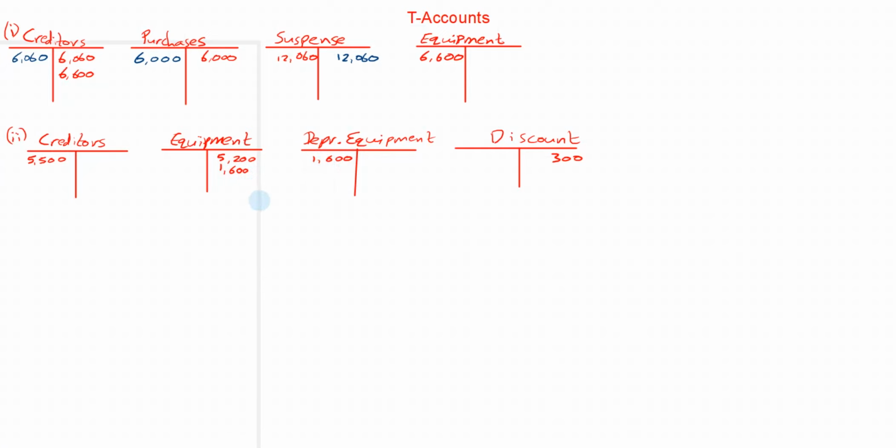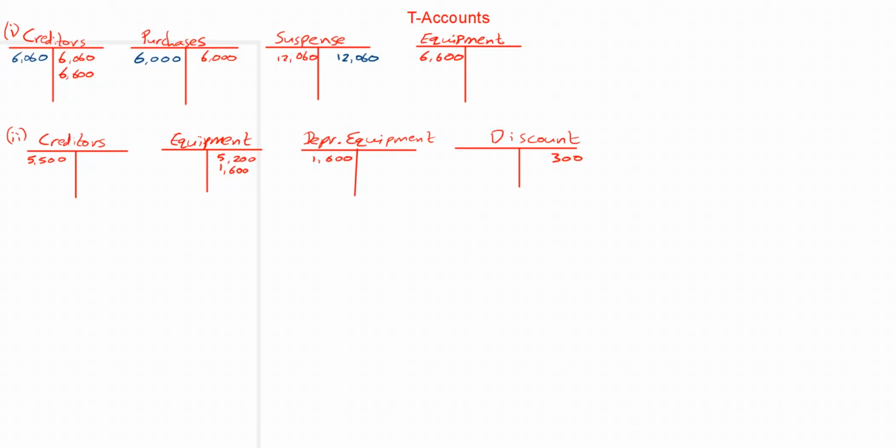So that's the double entry there. So we have, out of this 5,500, 5,200 is going to the equipment, 300 is going to discount. We have to reduce our equipment by the total amount of which it cost, which was 6,800. So that would mean that 5,200 would go to the equipment, and then the other 1,600 would go to depreciation of equipment.